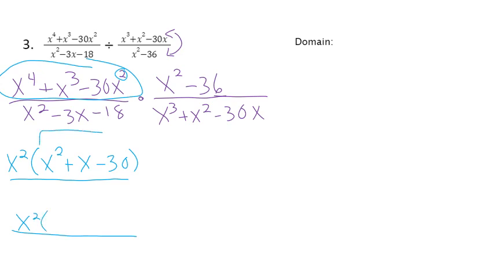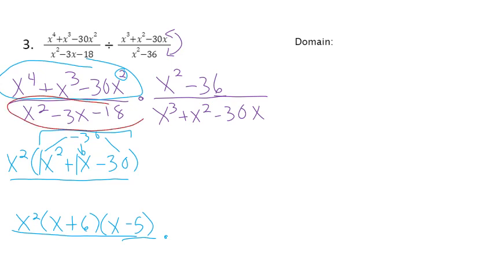Inside the parentheses, a trinomial. So factors of negative 30 that add to positive 1 will be x plus 6, x minus 5. We're going to then do the same with the bottom part. So factors of negative 18 that add to negative 3. We're going to get x minus 6, x plus 3.